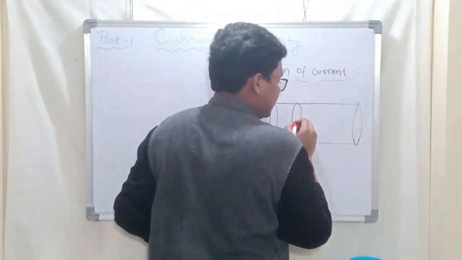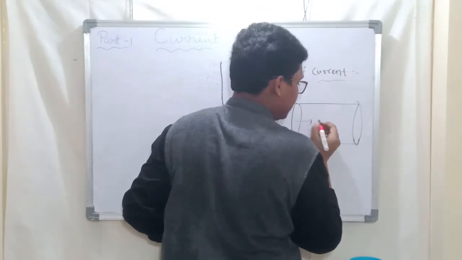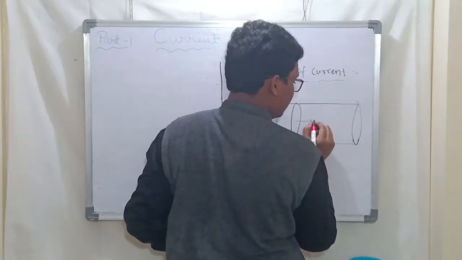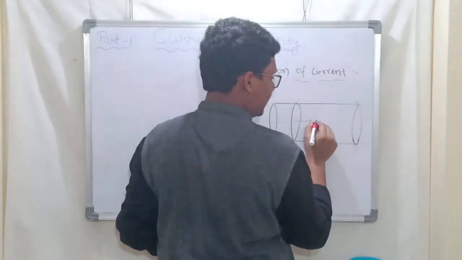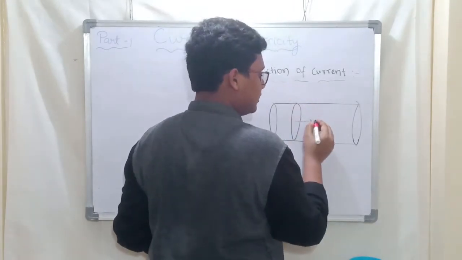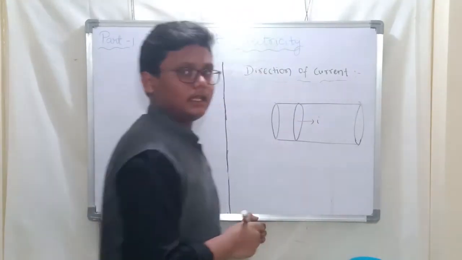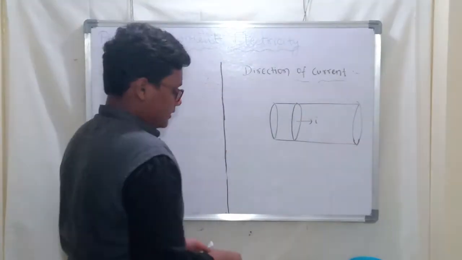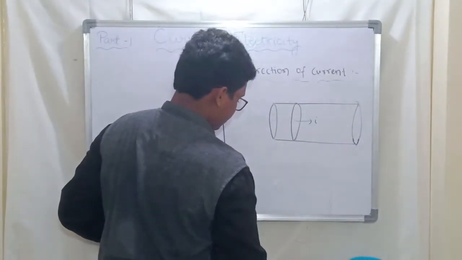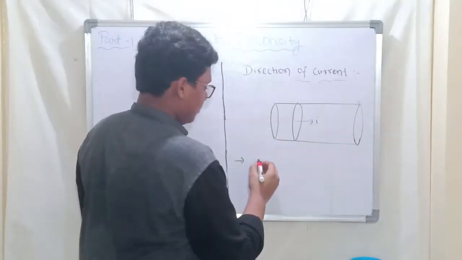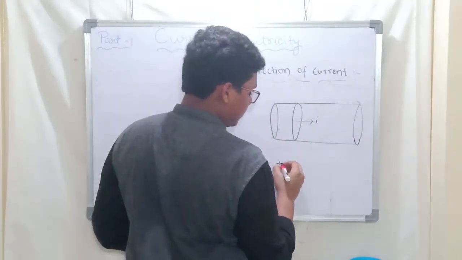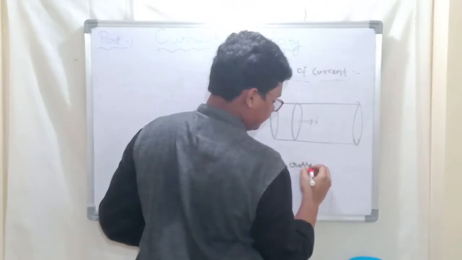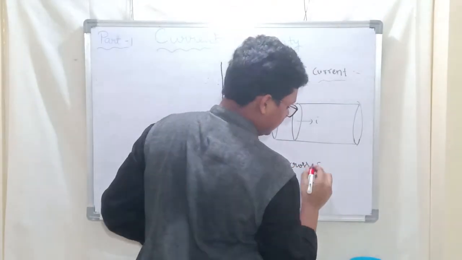In that, the current will flow perpendicular to the cross-sectional area. This is the cross-sectional area, and the current flows perpendicular to it. First I write: perpendicular to the cross-sectional area.